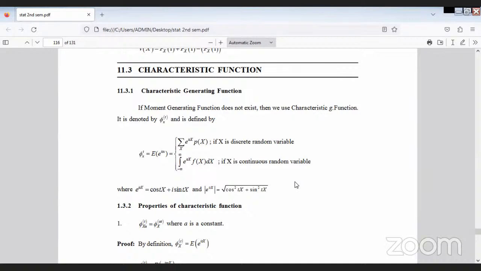So e^(itX) is cos tX plus i sin tX, and as per the formula, its modulus is the square root of cos^2 tX plus sin^2 tX, which is 1.